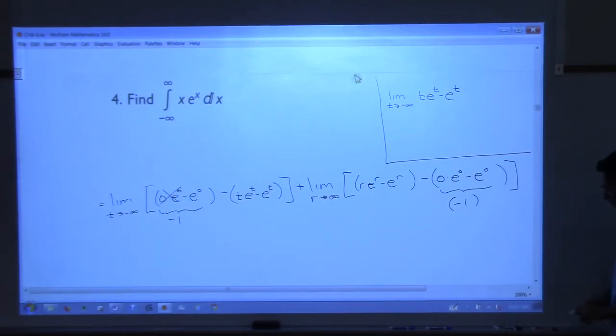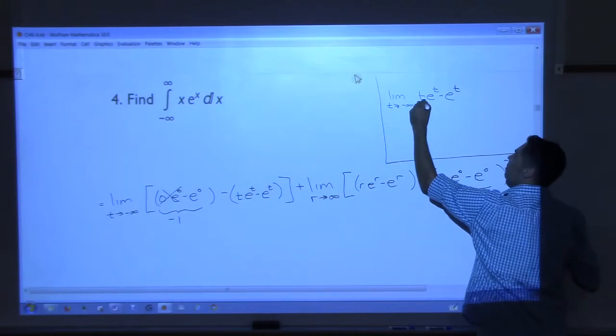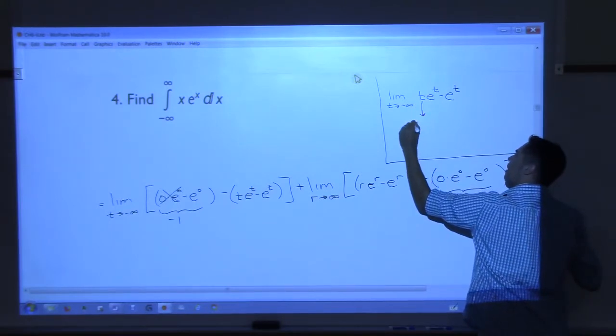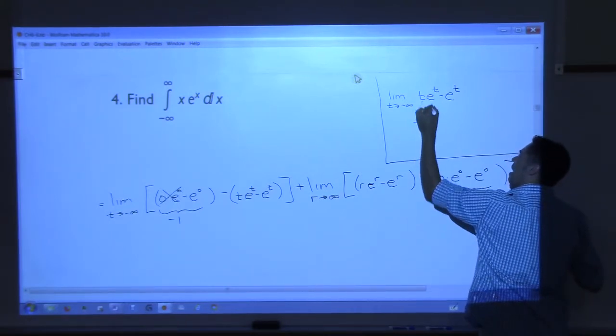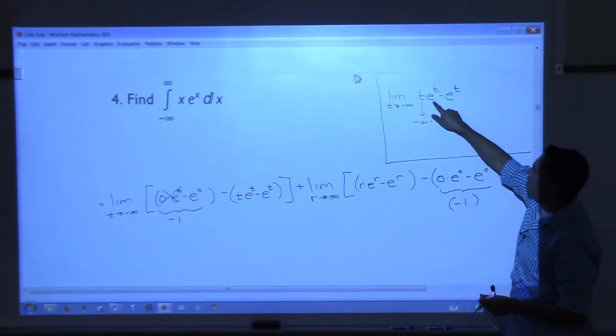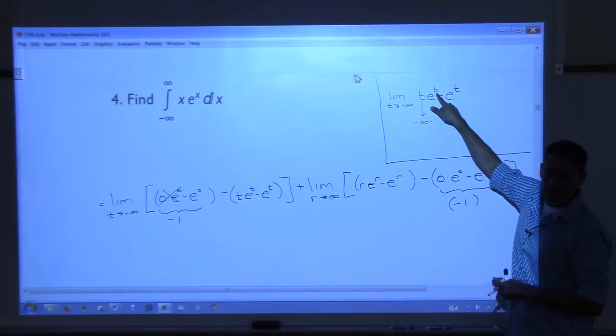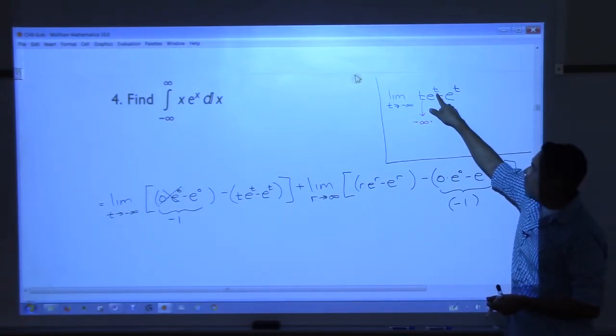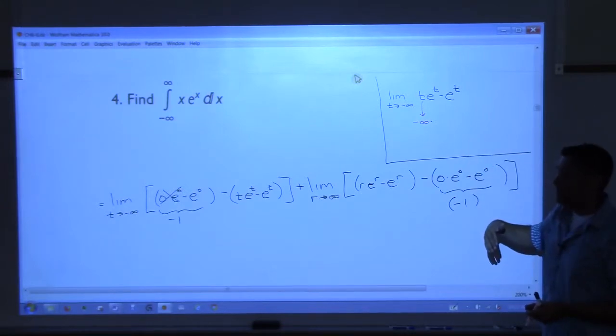So let's talk about what happens. Yeah, we get some crazy stuff happening here. t is going to negative infinity, right? So this goes to negative infinity, right? Times, now be very careful here. What does e to the t do as t goes to negative infinity? It basically makes it 1 over e to the infinity.